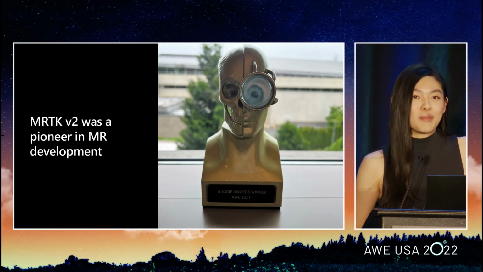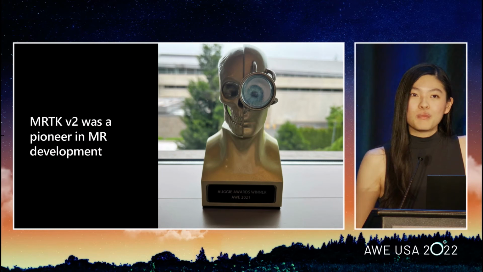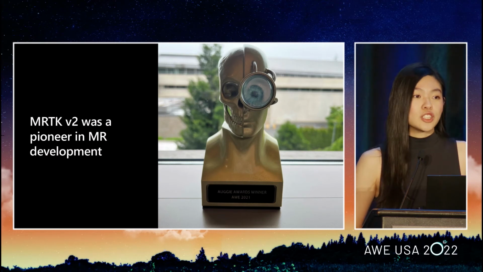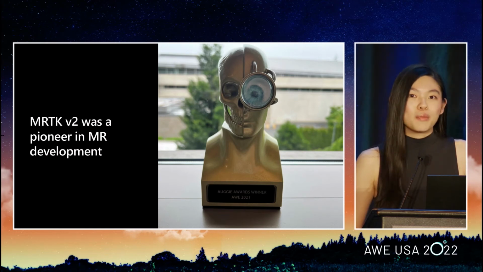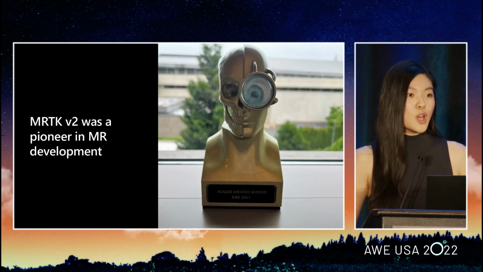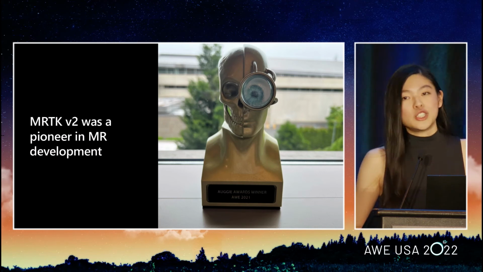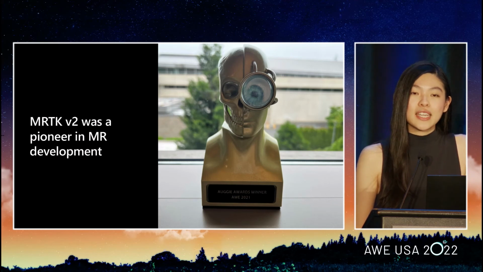When we were building MRTK v2, there was pretty limited support in Unity for mixed reality content and interactions. So we had to go in and build the spatial interactions, the hand tracking, and other XR input requirements. Things like grabbing an object and moving it around was incredibly difficult to do. In addition, there were no built-in XR interaction systems in Unity.